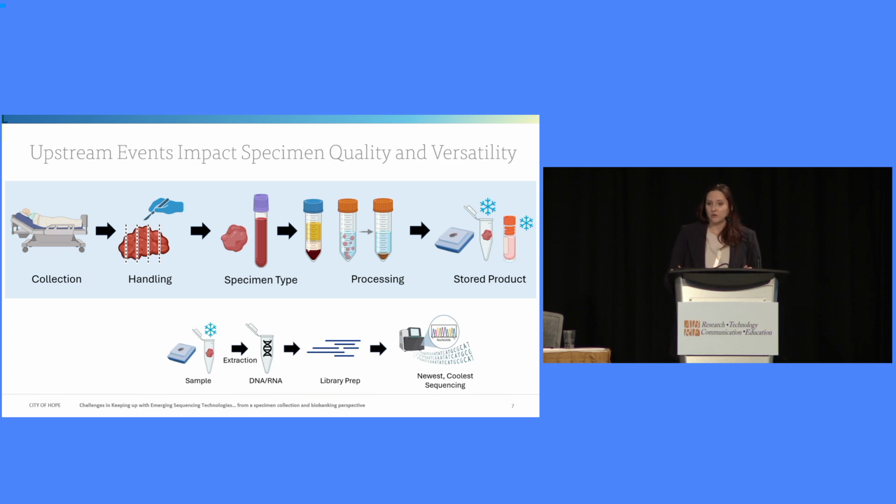How was it handled and macro-dissected? Once it was removed from the patient, where did it go? And how long did it sit there? Who touches it? And using what methods, what reagents? And finally, how is it stored? All of this happens upstream and prior to distribution to the user, and all of it directly impacts the quality and the versatility of the sample.